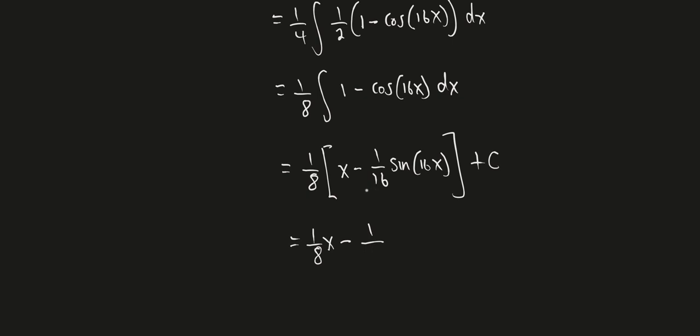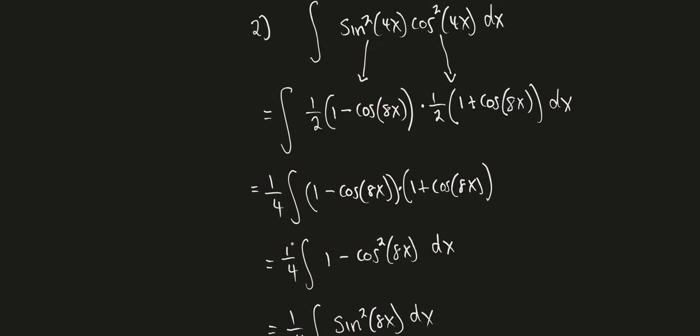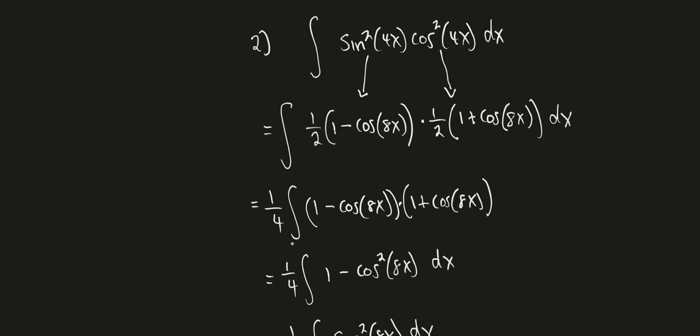So 16 times 8, so that's 128 sine of 16x plus c, right? So that is the antiderivative of, let's see, where did we start? Sine squared of 4x times cosine squared of 4x.